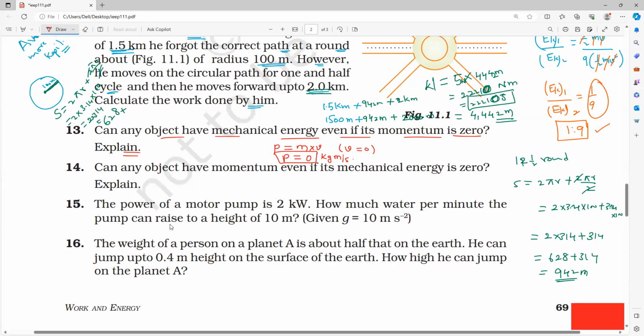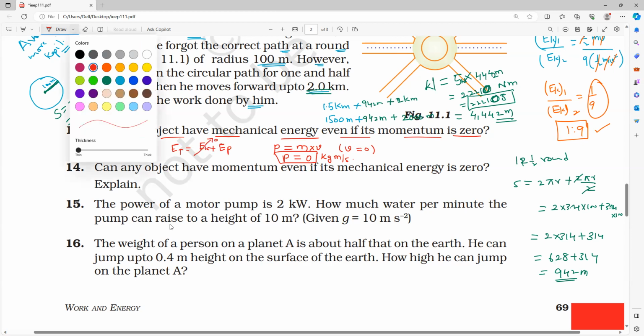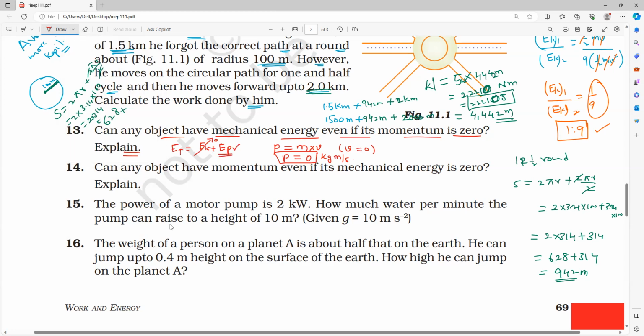But we all know that mechanical energy means potential energy plus kinetic energy. So now velocity becomes 0 means only kinetic energy becomes 0. But still potential energy is present.